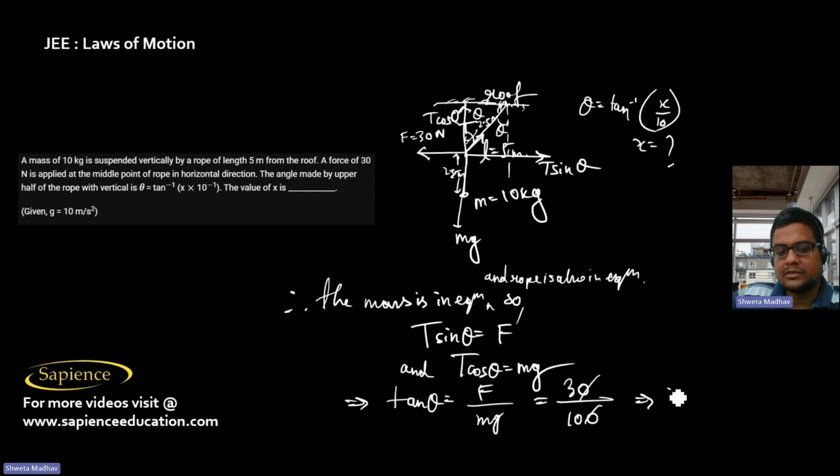So it is 3 by 10. So theta will be tan inverse of 3 by 10. So it means x should be equal to 3. So the value of x is 3.